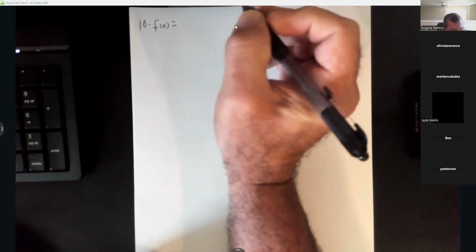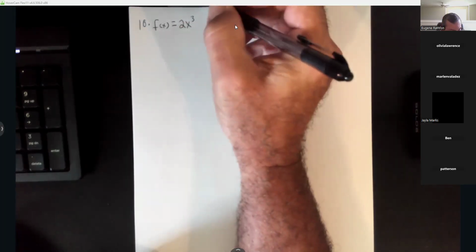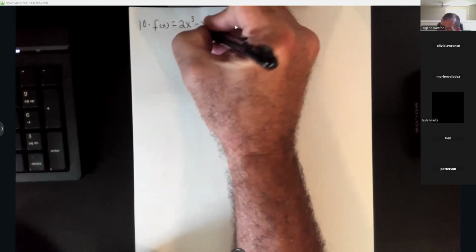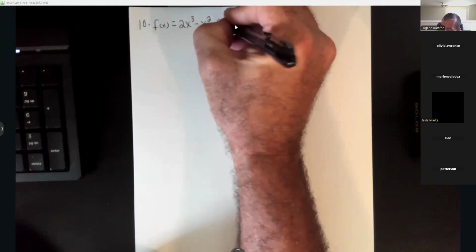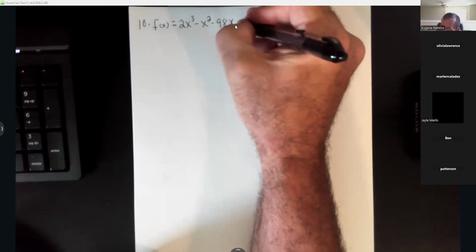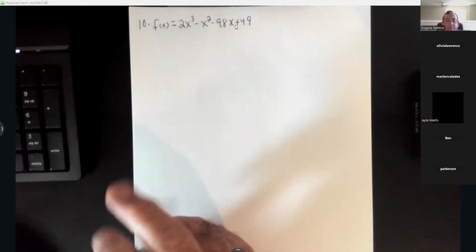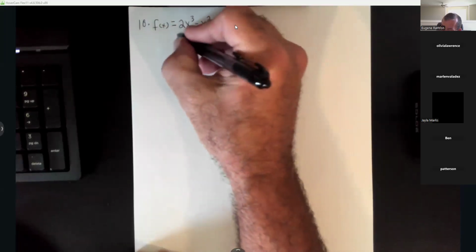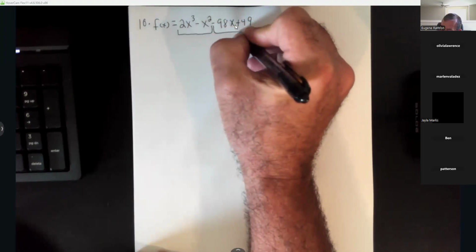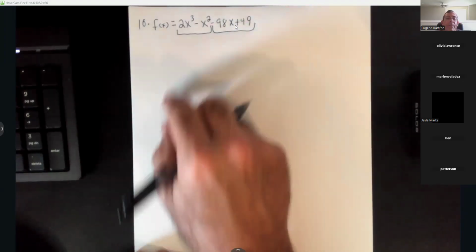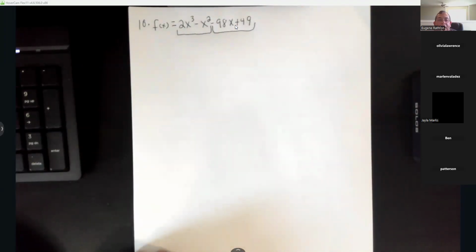So y'all on this one are giving me f of x equals 2x cubed minus x squared minus 98x plus 49. All right, so 4 terms again. So you're going to group your first 2 and your second 2. So on the first 2, let's factor out a greatest common factor.